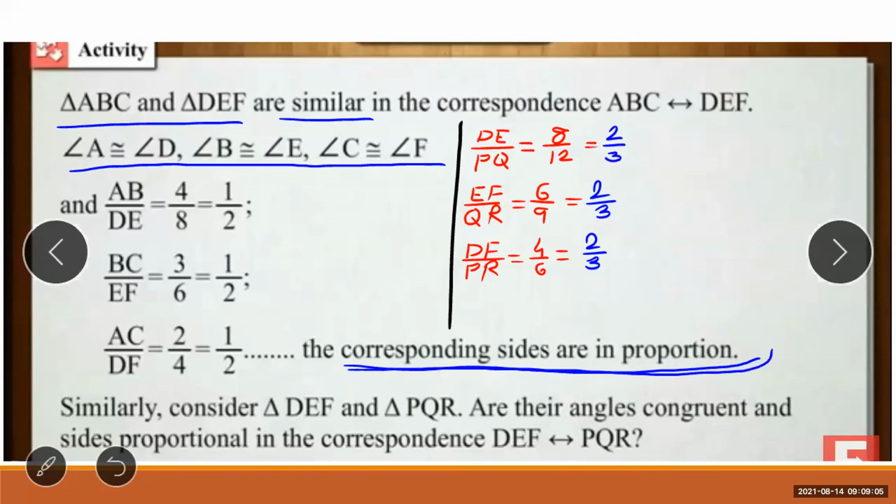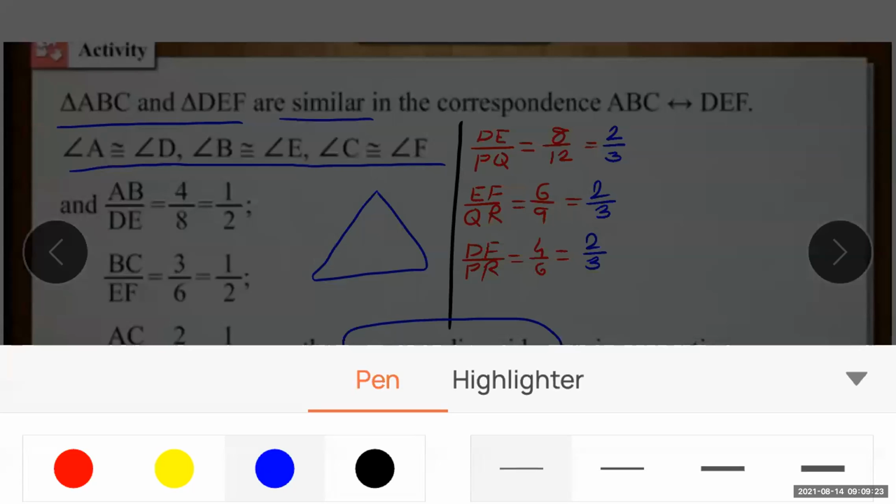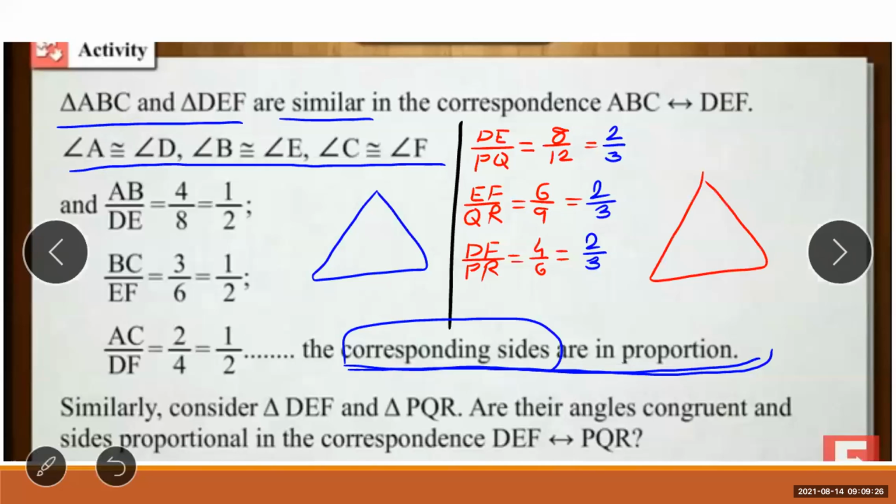Now, how to write the ratio of corresponding sides? What is meant by corresponding sides? See, this is triangle ABC and another one is triangle DEF. I will label here triangle ABC and triangle DEF. Those are the two triangles.